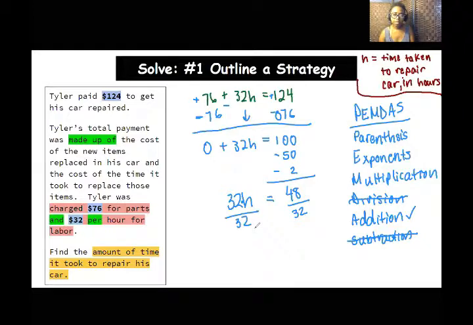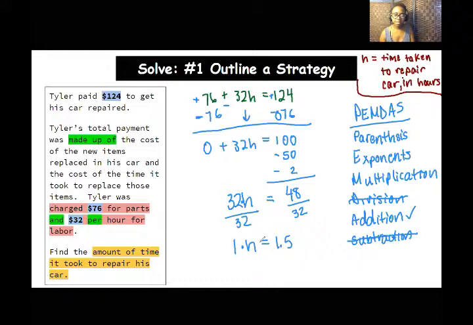So now as we divide, we're going to do 32 divided by 32. And what is that? That is 1 times h. And then on the other side, 48 divided by 32 is actually 1.5. Okay, so h said, okay, thank you for getting everybody out of the room. Now I'll tell you the answer. The answer is 1.5.